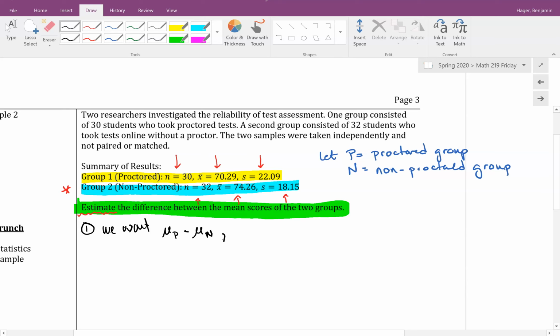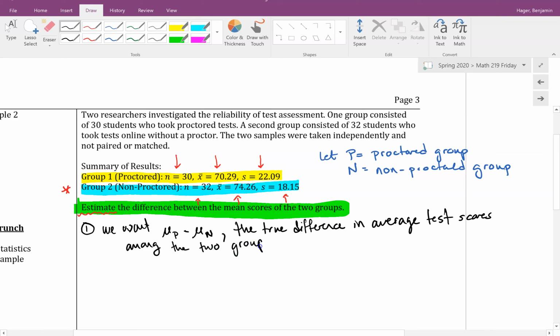The true difference in average test scores among the 2 groups. And let's just do this at good old 95% confidence level.